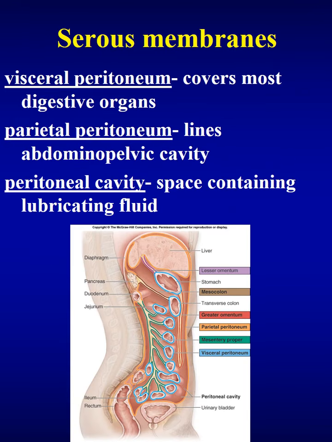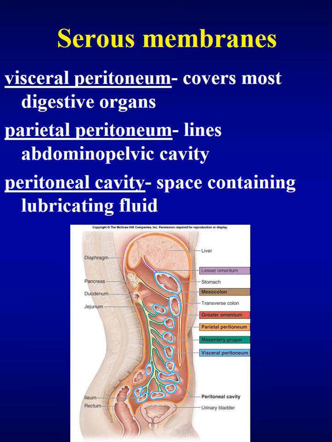The abdominopelvic cavity is lined with a moist serous membrane that lines the inside surface of the body wall called the peritoneum. The portion of the serous membrane that folds back or reflects to cover the surface of the internal organs is the visceral peritoneum.